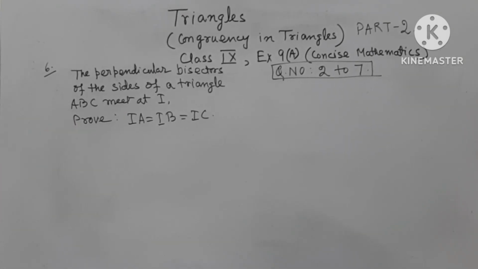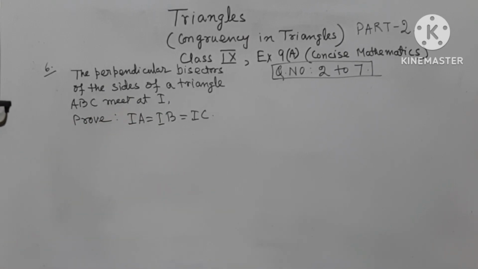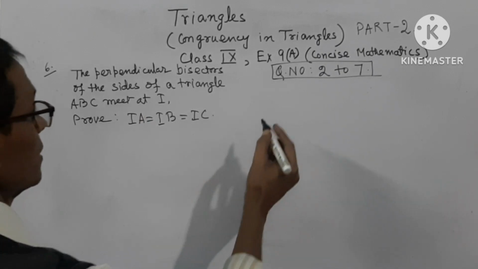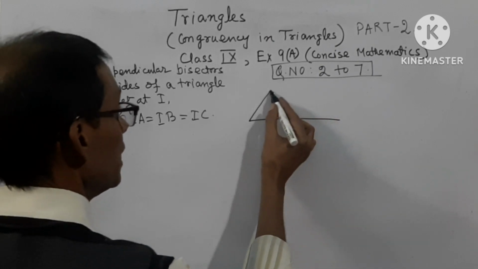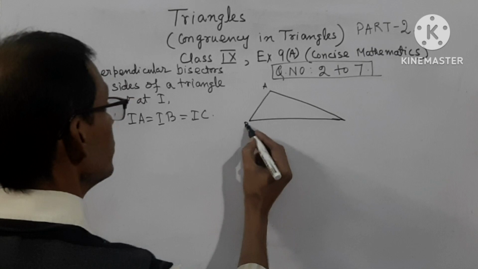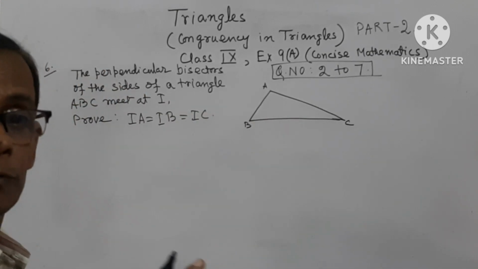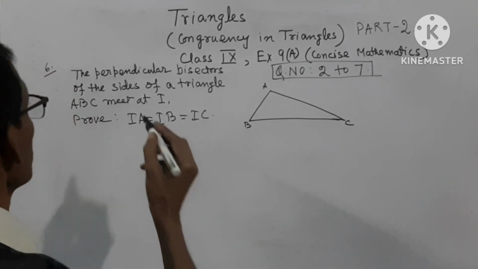Question number 6. The perpendicular bisector of the sides of a triangle ABC meet at I. Let's draw a triangle ABC. Question number 5 I deliberately left for you so that you also can try in between.